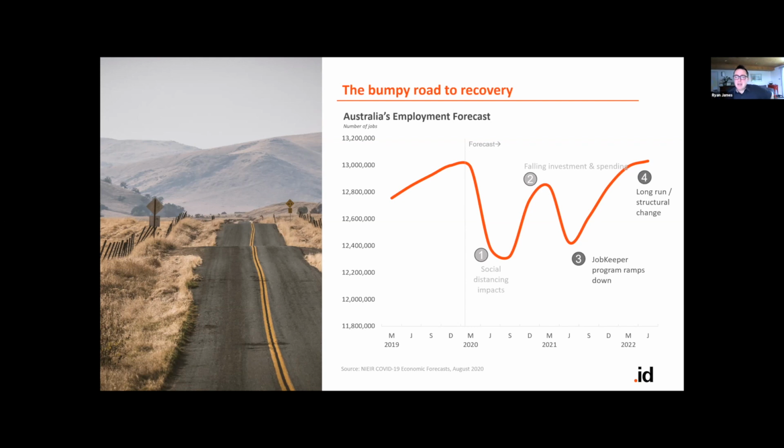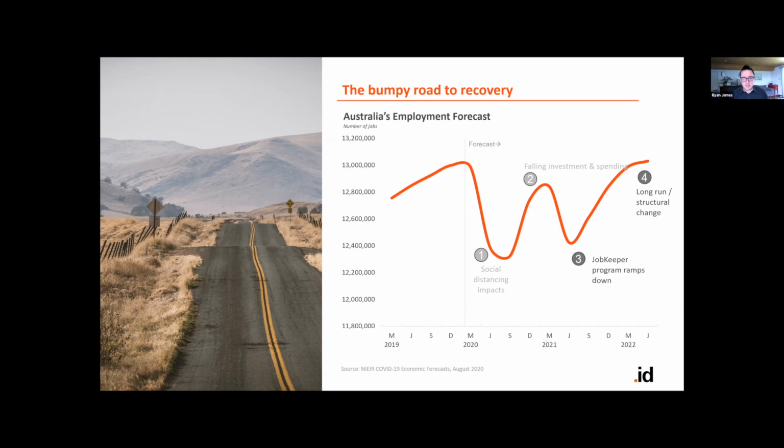Employment has been hit hard by social distancing. It wasn't actually the health impacts of deaths and hospitalizations and those sorts of things that have had the biggest impact. And forgive me, I'm talking about the economic impact here, not so much the personal experience.